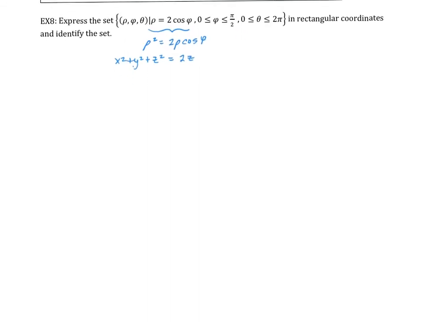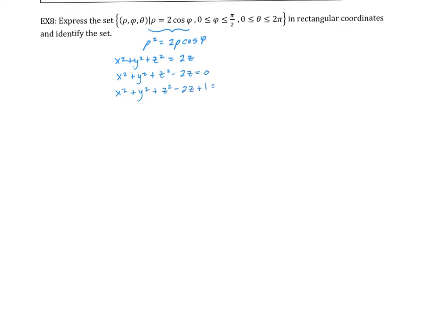To identify the shape, I've already got everything in terms of x, y, and z, so I'm going to set it equal to 0. And it looks like I need to complete the square on the z's. So this is z squared minus 2z, and then I would simply add 1, because I'm taking negative 2, half of that, and squaring it.